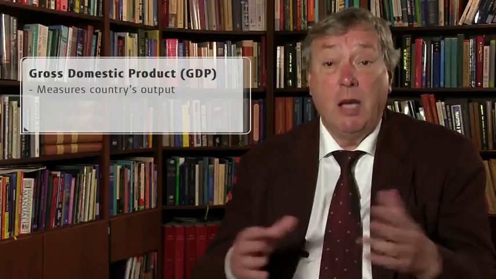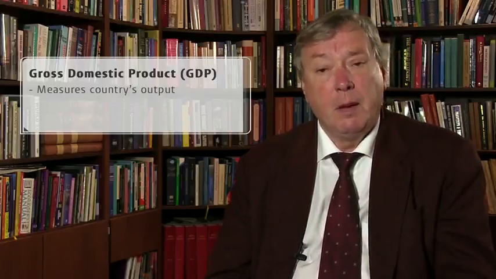Now, social scientists generally assume that population data is accurate, but we'll see how well founded that belief is in the next video. Now, one item that's regularly expressed in per capita terms is a country's output or national income. National income is a generic term. What is most commonly measured is a subcategory of national income called gross domestic product, which is a measure for a country's output, usually over a calendar year.